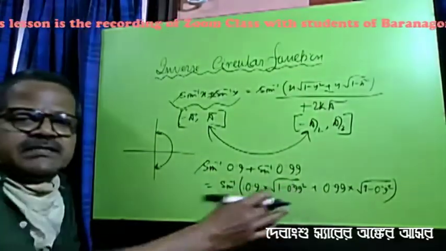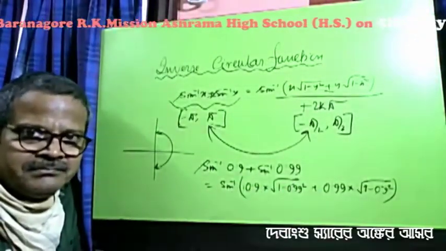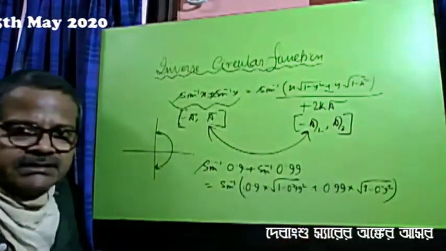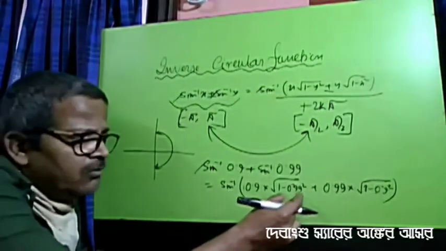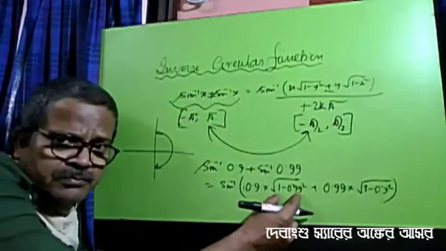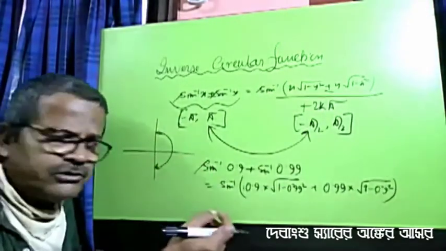You will get this value very close to 0. If you have a calculator in your hand and calculate this, you will see that since this is very small, when it is multiplied by 0.9, its value reduces to close to 0.